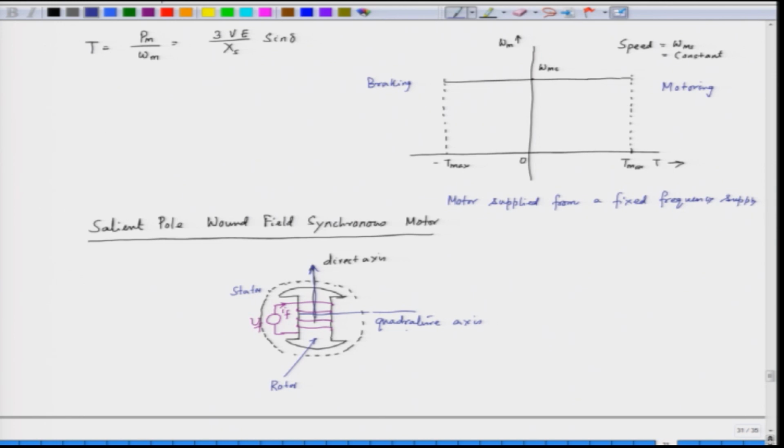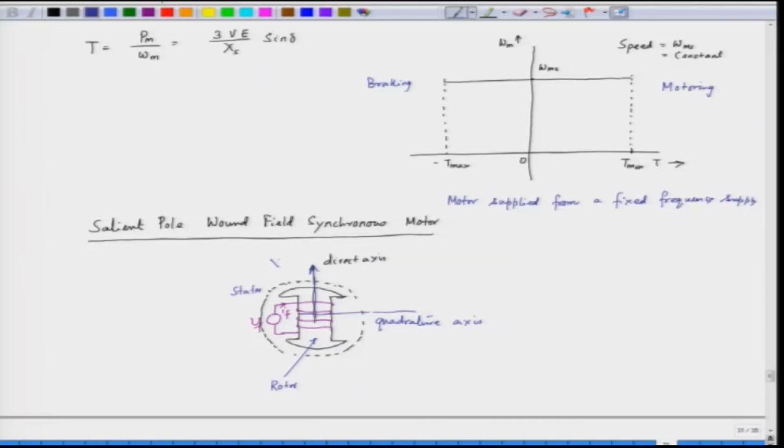So, we have two synchronous reactances here, one along the direct axis, the other along the quadrature axis. The synchronous reactance along the D axis is called XSD.